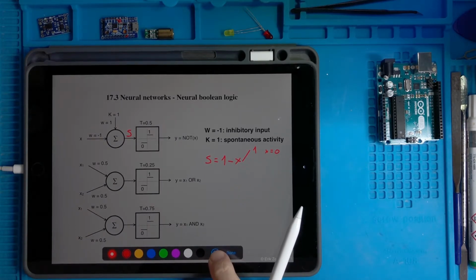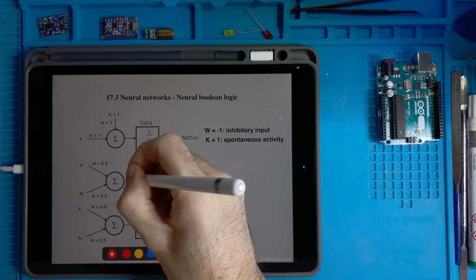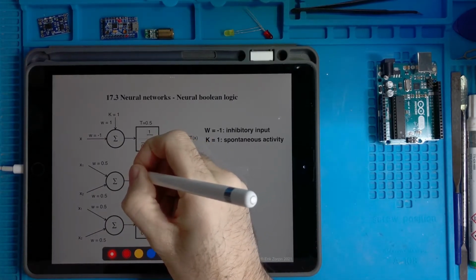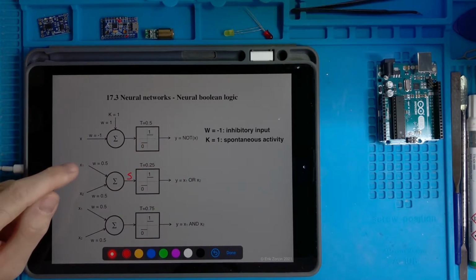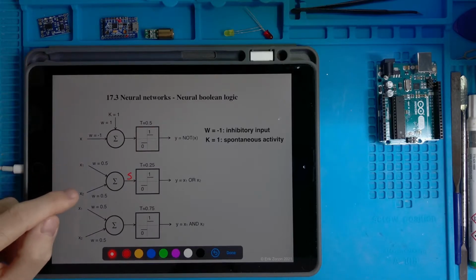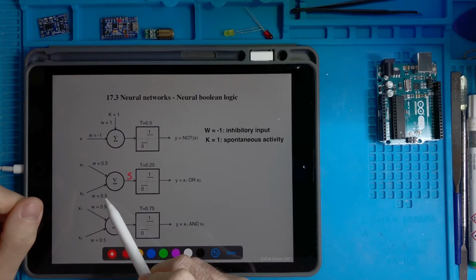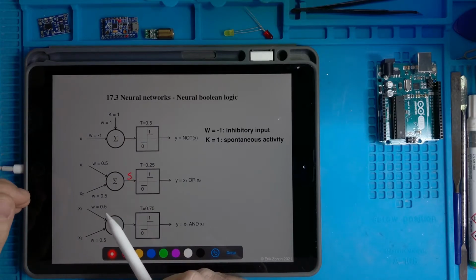So let's try to do another one, but I guess that you understood the trick. So we need to compute the summation according to this model. Now we have two inputs, x1 and x2. They both have a weight of 0.5. So we cleverly designed this way.